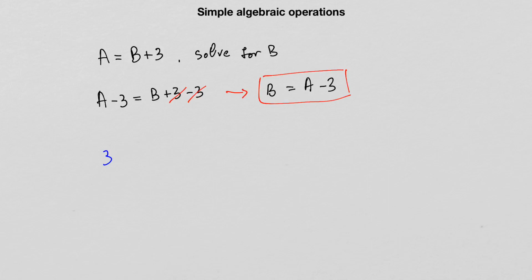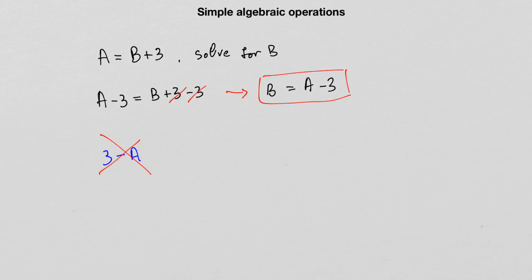They say 3 minus A when they mean A minus 3. This is a completely different relationship. It changes the entire relationship between A and B if it's done this way. So you have to always be very careful when you do subtractions like so, and always put the subtracted quantity behind everything else that is on that side of the equation. So this here is an incorrect way of setting up the problem.